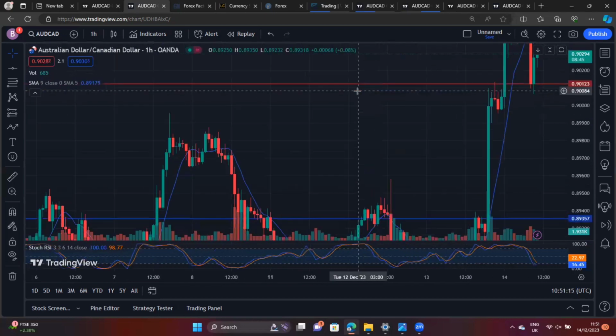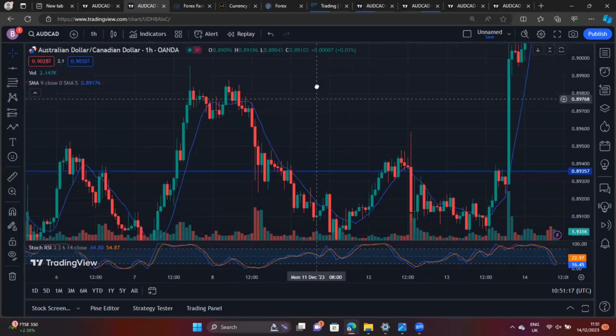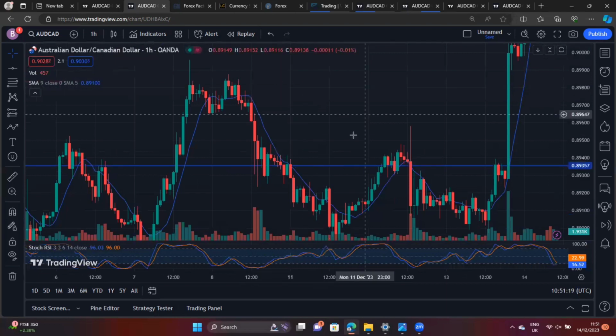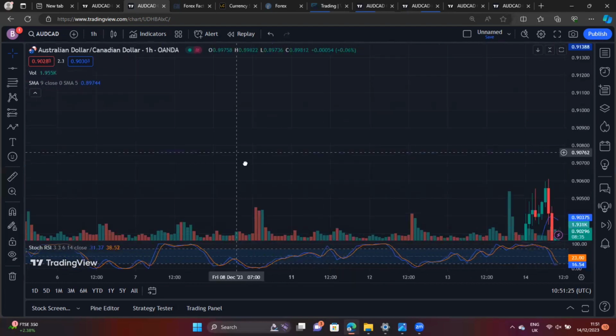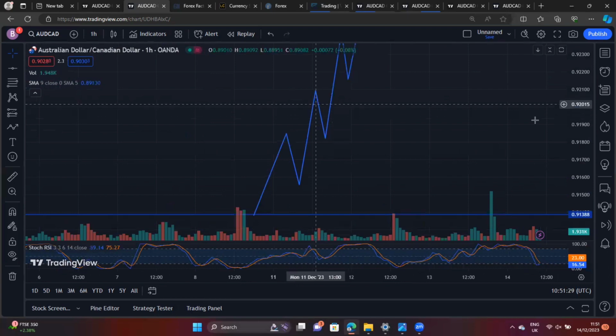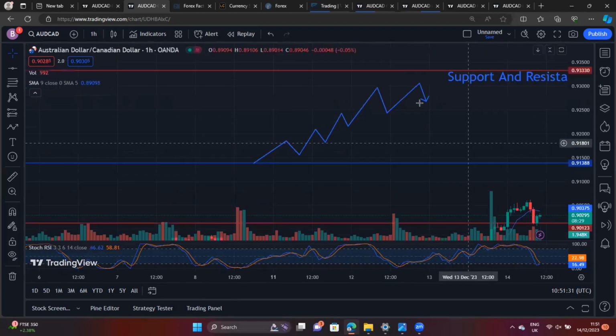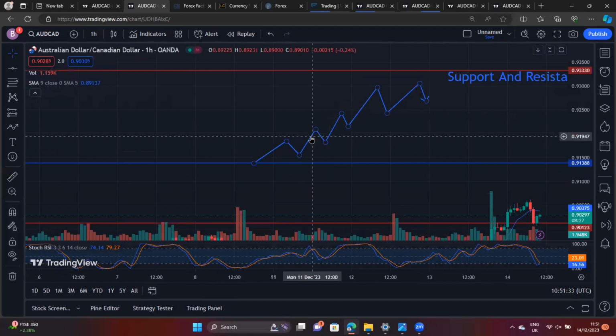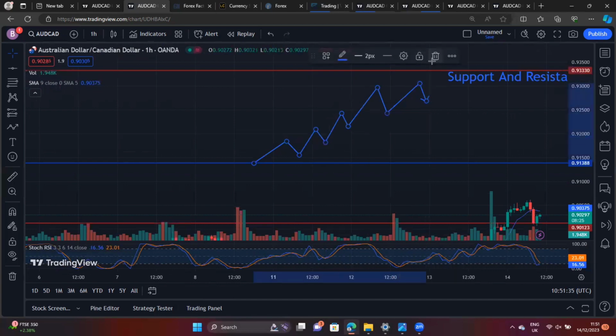So any support zone that has been broken can automatically become a resistance. Theoretically, we put it this way. Let's say we have a support around this zone.